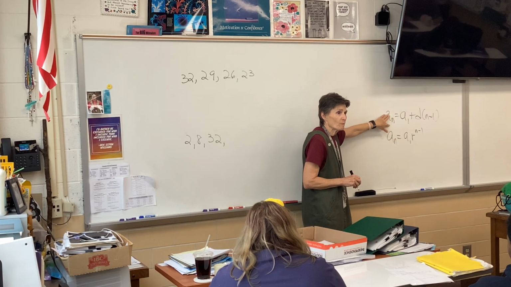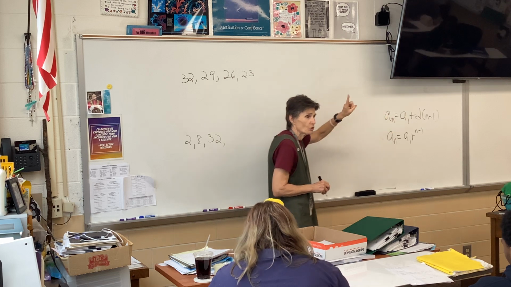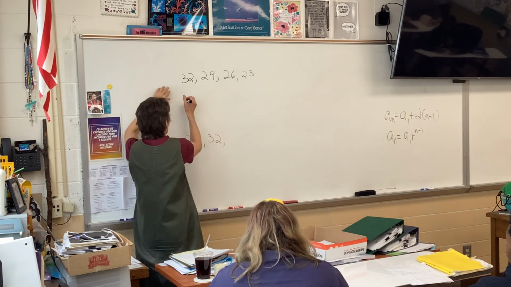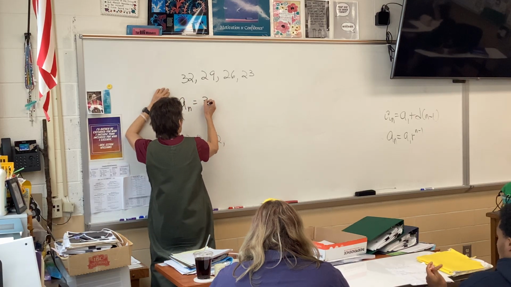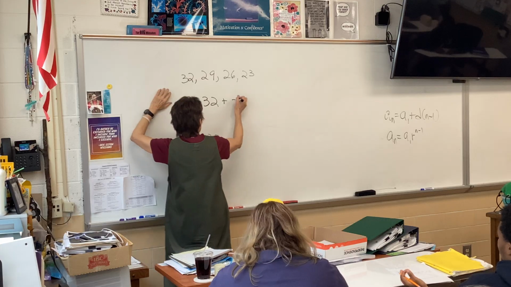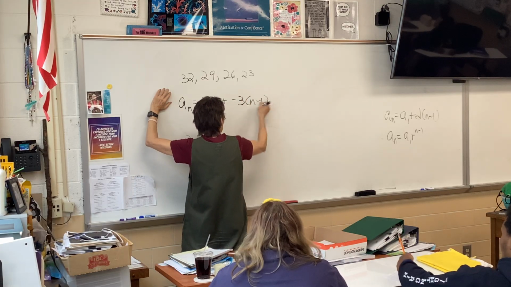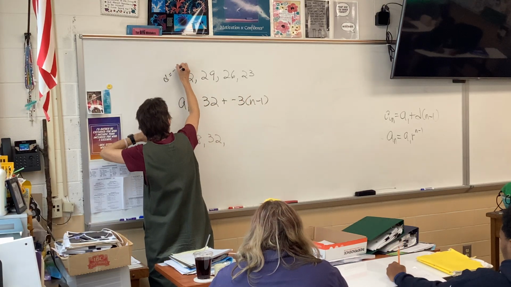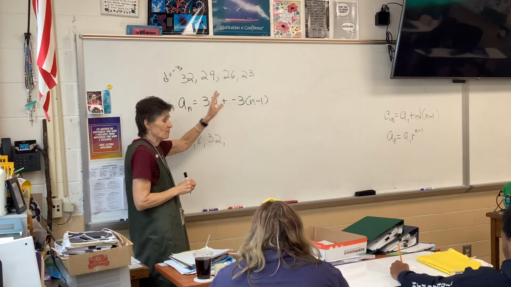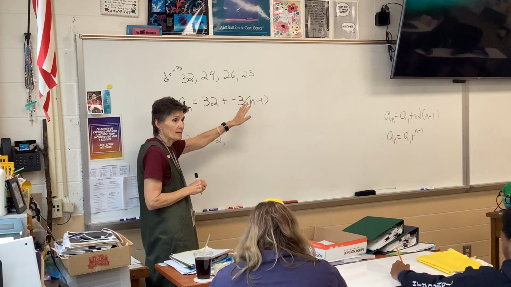This one right here is my framework, and I just plug in the first term and the common difference. So here we go. The first term is 32. What's my common difference? Negative 3, and n minus 1. Now, if there's anything I can do to simplify, I need to do it.